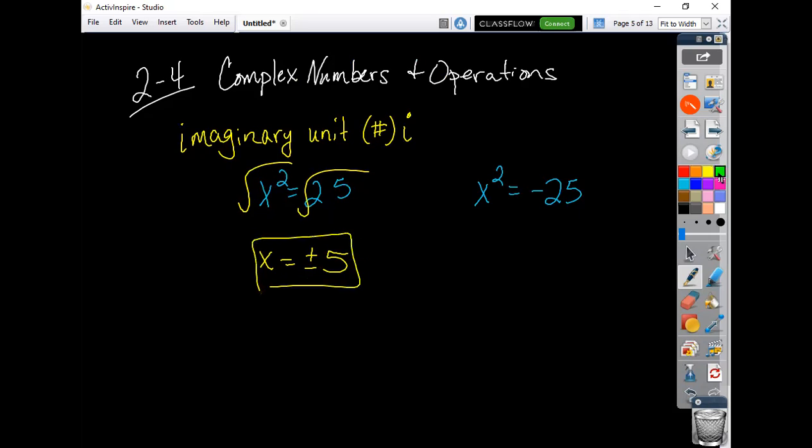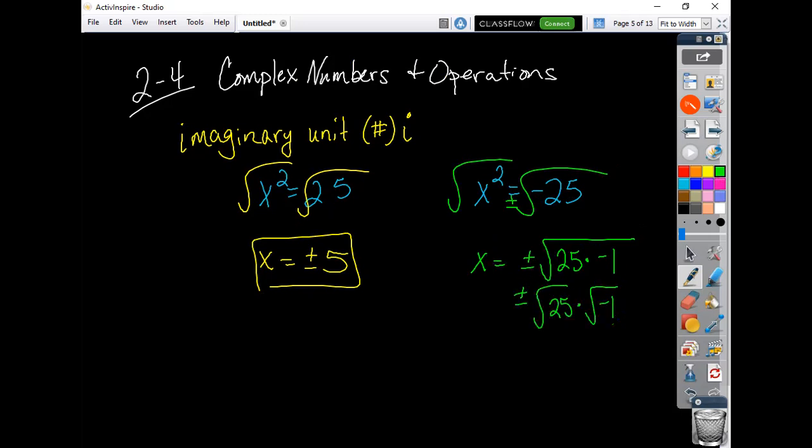Well, what happened on this one? So here we have this square root of x squared is x. There's my positive or negative. My square root of this -25, well, think about it this way. It's 25 times -1. So therefore, square root of 25, square root of -1, multiplied.